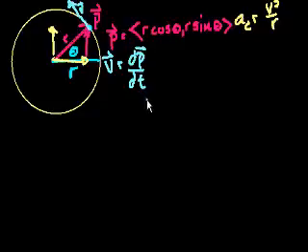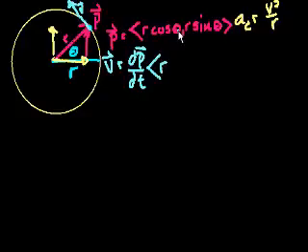But anyway, let's take the derivative of the x term first. r is just a constant, so we can just take the r out. Then what's the derivative of cosine theta with respect to time? Not with respect to theta. Remember, we're taking the derivative with respect to time. So we do the chain rule.